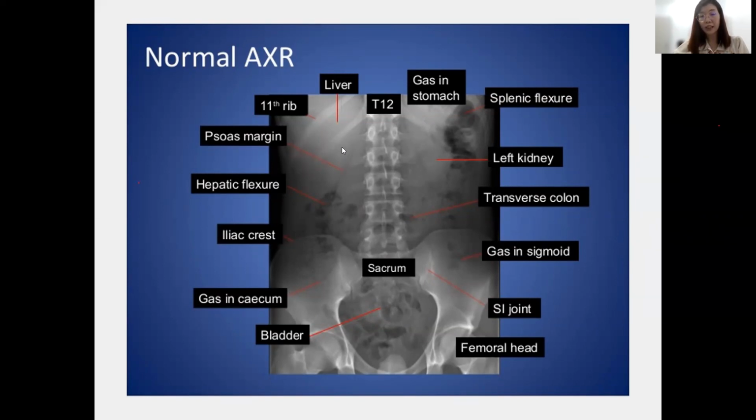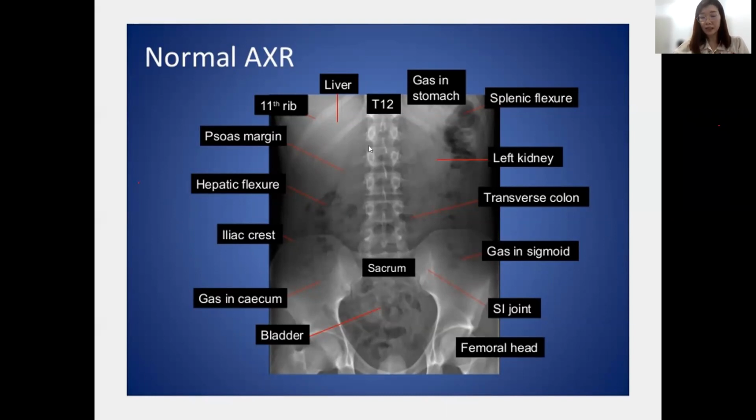Sometimes you will see air in the portal vein, where you will see lucency overlapping with the liver shadow here, or sometimes air surrounding the kidney in emphysematous nephritis, you will see air surrounding the kidney here, okay? After identifying the air and the bowel shadow, you must always look for air in the rectum down here, it must always have air.